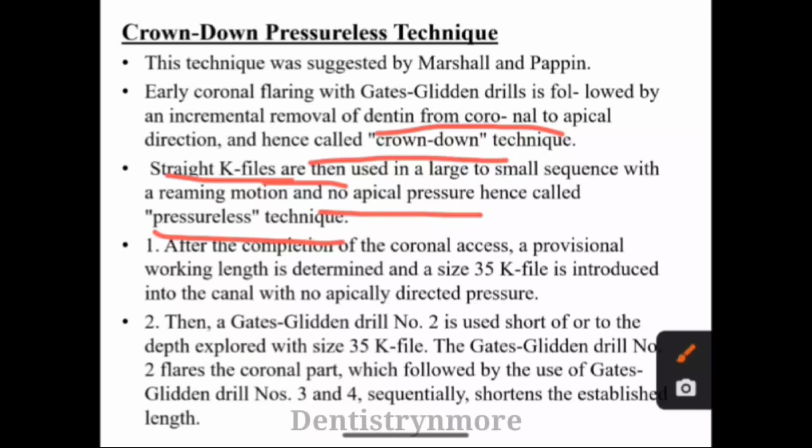The procedure: after the completion of the coronal access, the working length is determined, and a 35 K file is introduced into the canal with no apical pressure. After that, Gates Glidden drill number 2 is used, short of or to the depth explored with the size 35 K file.